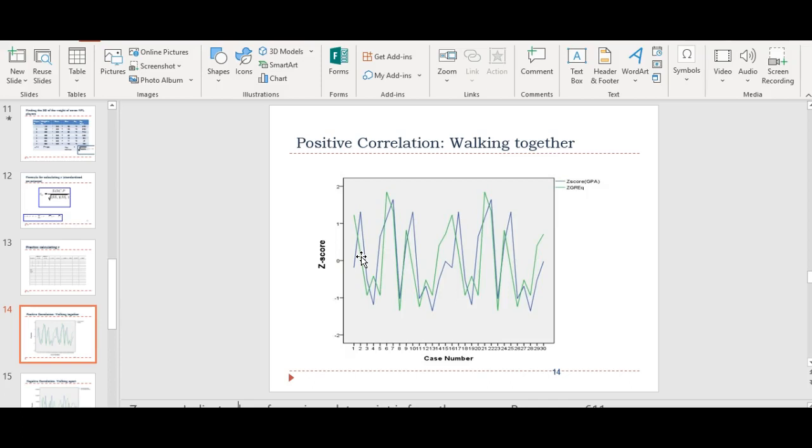This is when both variables are standardized, and that just means they're linearly transformed in such a way that their ranking is preserved. When we standardize things, we make the mean 0 of each variable and the standard deviation 1. That's what this depicts right here.